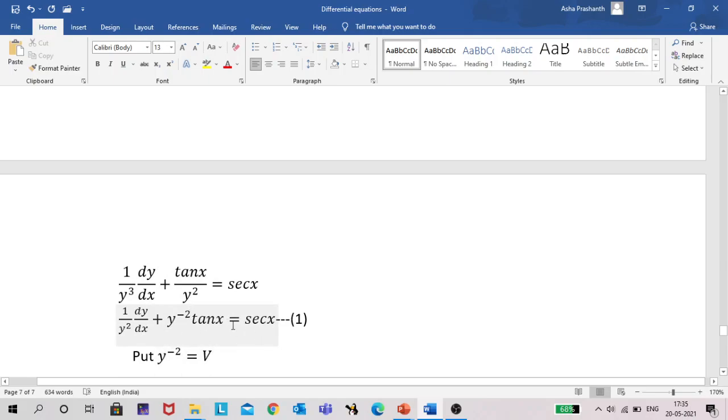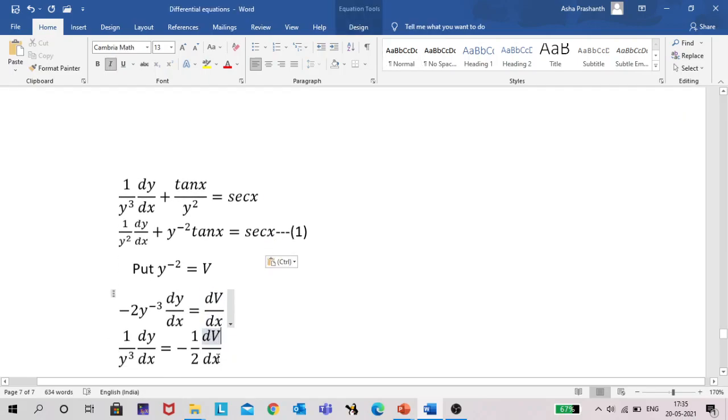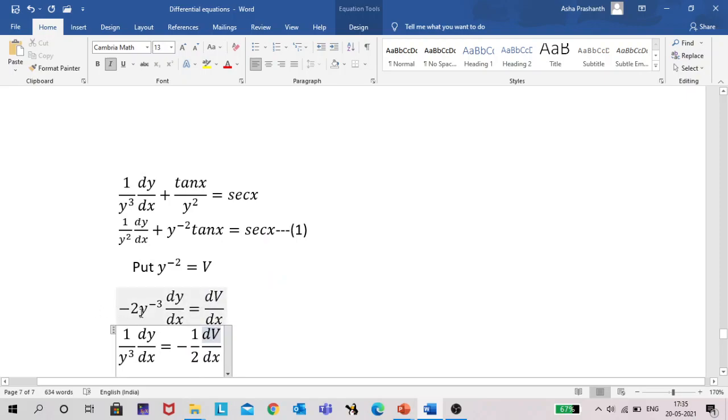Okay, so we call this equation 1. So the p coefficient, here the tan x coefficient is y to the power of minus 2. I'm taking this as v. Then you differentiate this. I'll get minus 2 y to the power of minus 3 dy by dx is equal to dv by dx.